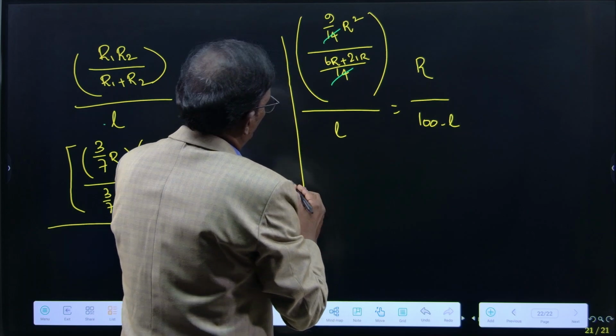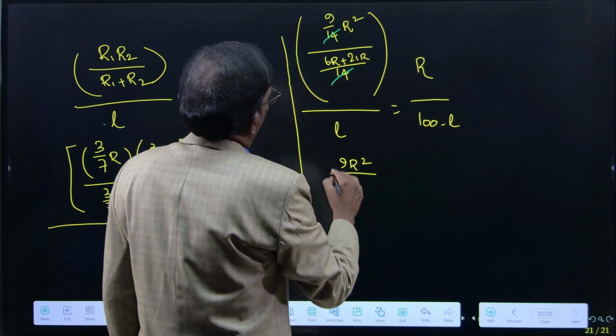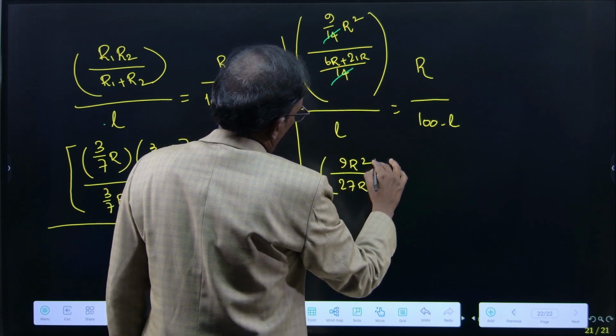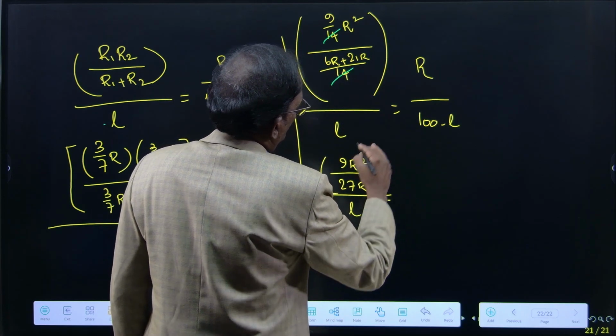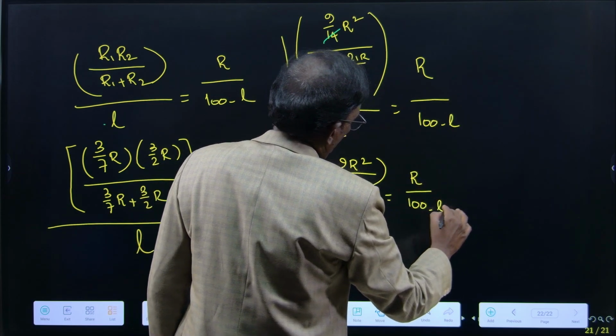So this is 9R square divided by 27R, divided by L is equal to R divided by 100 minus L.